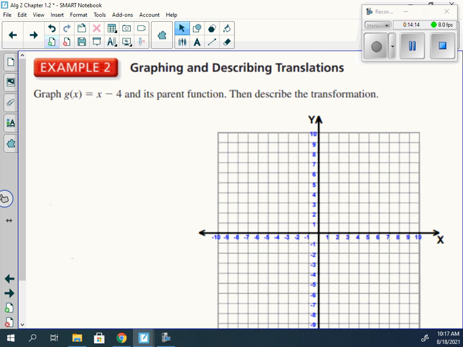So when we look at this here, the graph, I'm not going to ask you to graph any of these. But I do want us to identify the parent. So what is the parent?